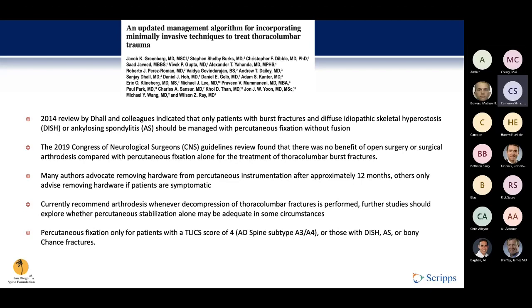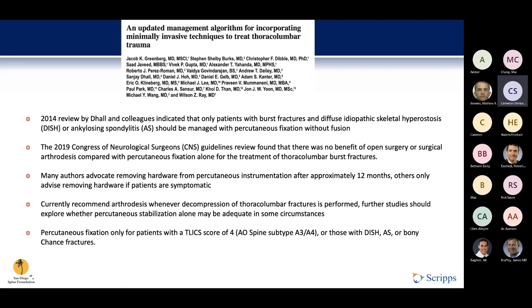There are some previous recommendations. This study is the most updated set of recommendations that we'll go through. But looking back, in 2014, they noted that patients with burst fractures, DISH or AS were the only patients that should be treated with percutaneous fixation without fusion.